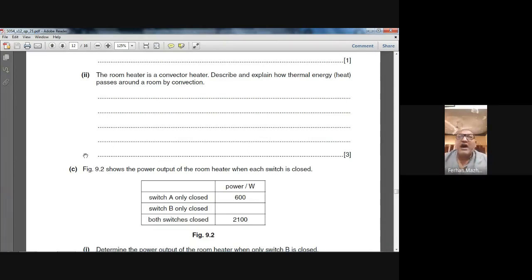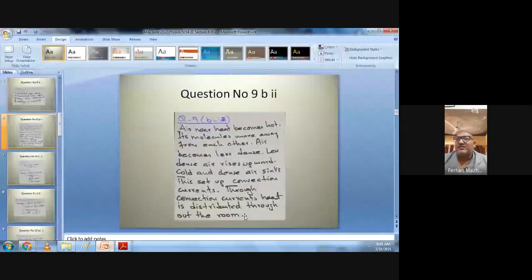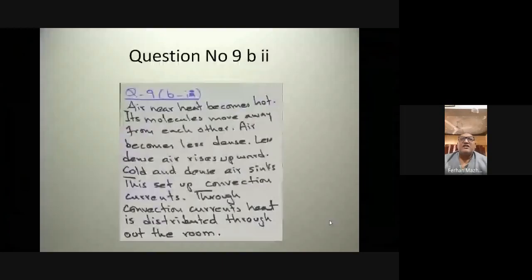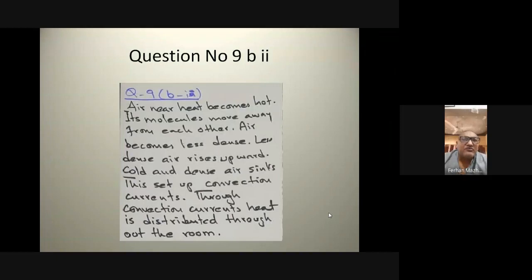It's a 3-mark question. I have written this answer also. Let me show you my answer and then we will see. Air near heater becomes hot. Its molecules move away from each other. Air becomes less dense. Less dense air rises upward. Cold and dense air sinks. This sets up convection currents. Through convection currents, heat is distributed throughout the room.